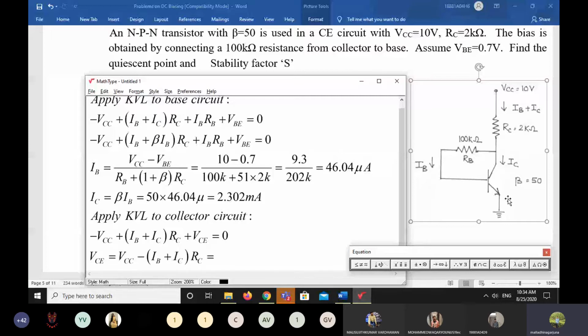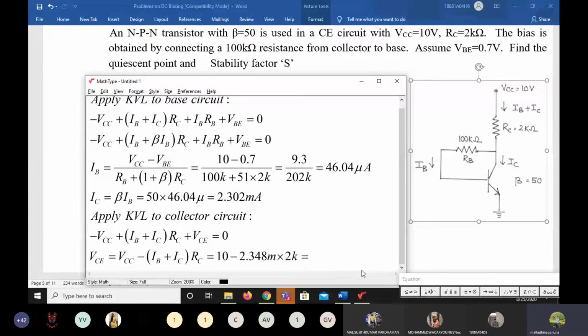This is 10 minus (IB plus IC), which is 2.348 milli, into RC, which is 2K. So the answer is 5.304.